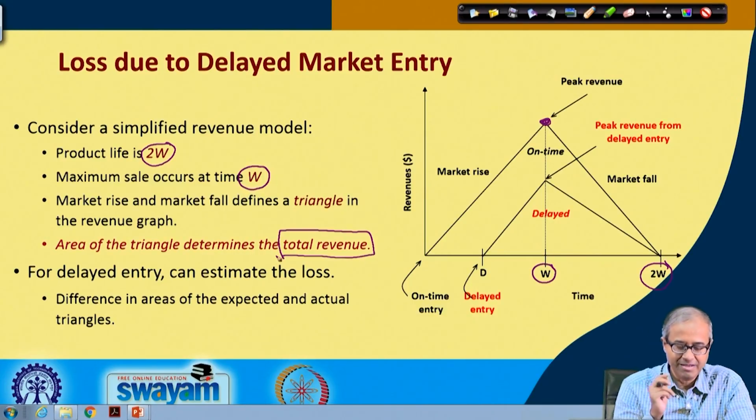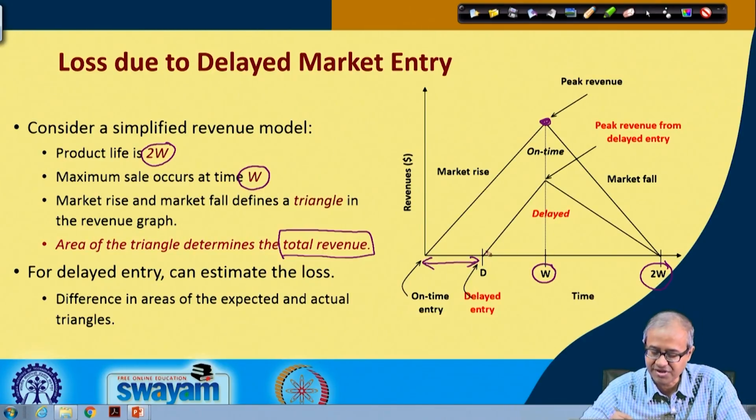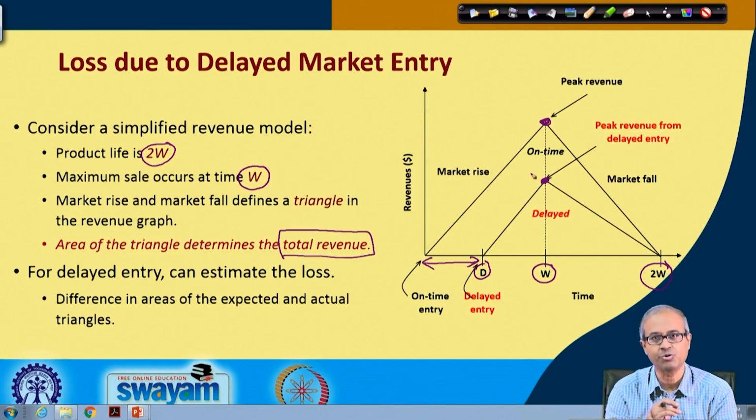Okay. Now, for delayed entry, as I said in the previous diagram also, suppose there is a delay in the entry by this much. So, now your triangle starts from this point D, but it will again reach the peak at the same point, because depending on market dynamics, beyond a certain point interest in that product will start to go down.